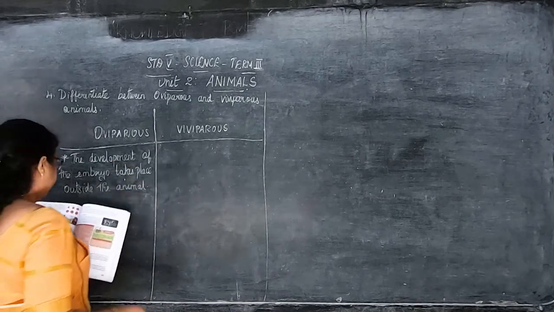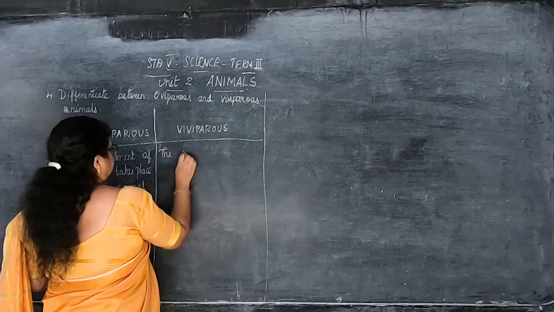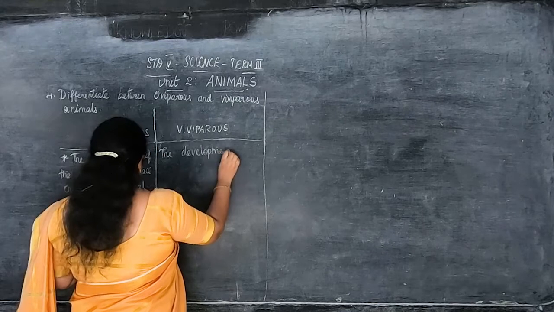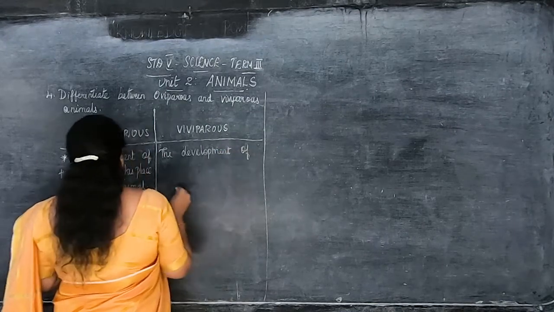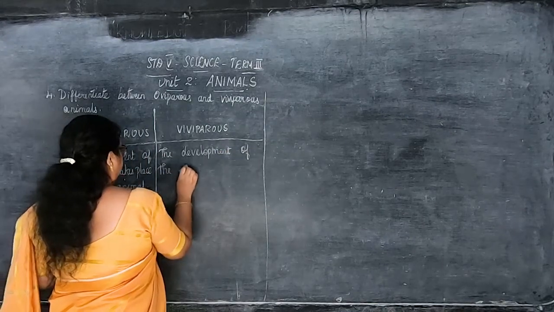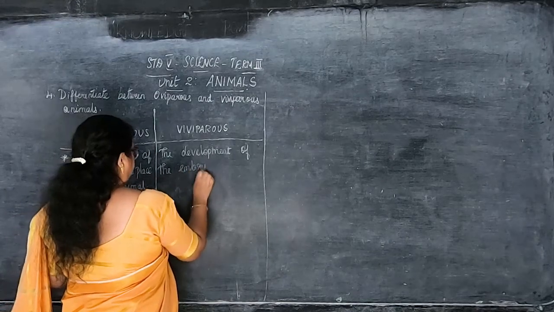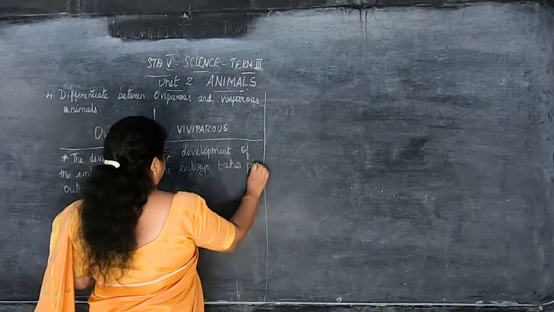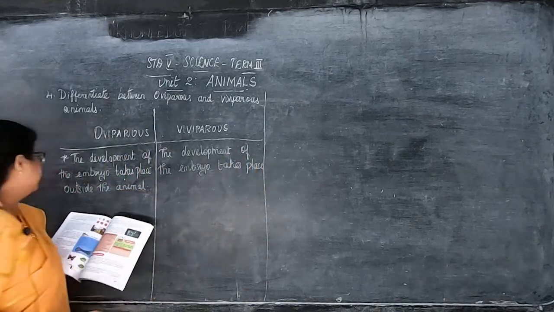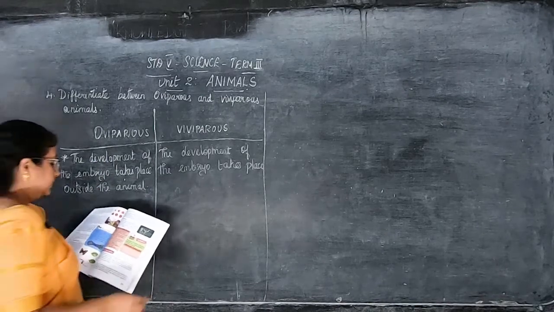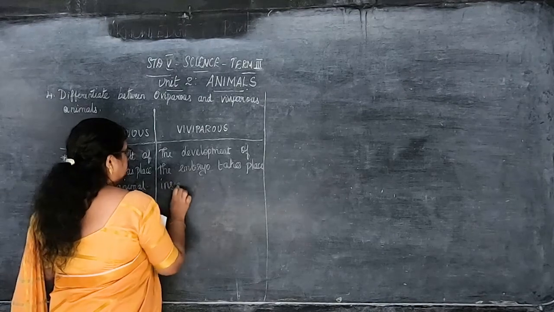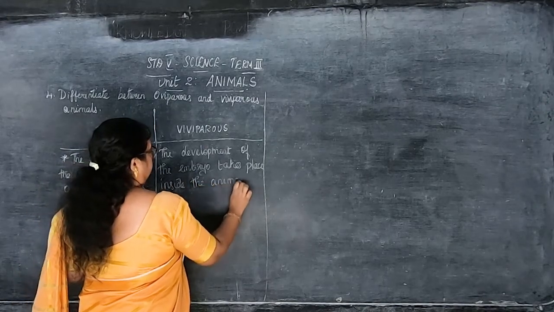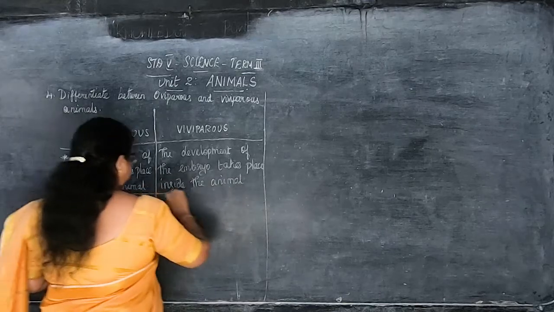Then in the viviparous we have to write the development of the embryo takes place where, children? In the oviparous outside, so viviparous inside, inside the animal. Only this difference, outside, in viviparous inside. This is your first point.